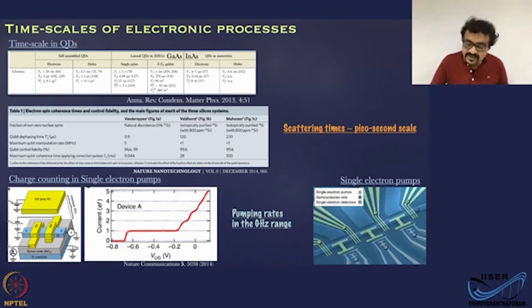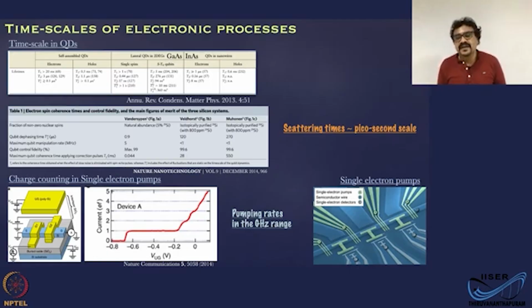So this also points to the demand for ultra-fast charge sensors for charge reading out circuits, which work in the time scale of nanosecond or faster. So in all these instances, there is a huge demand for a charge amplifier which works in real time, or you can detect the charge in one shot. Those are called single shot measurements, where you can detect the presence or absence of a charge and its dynamics too.